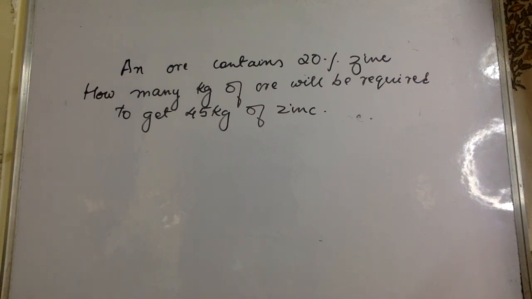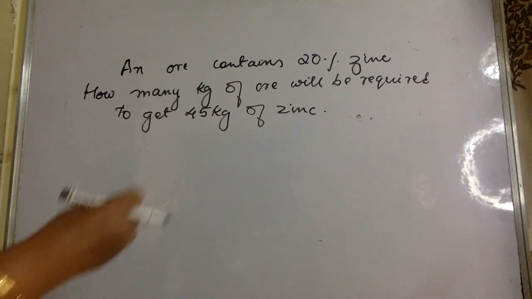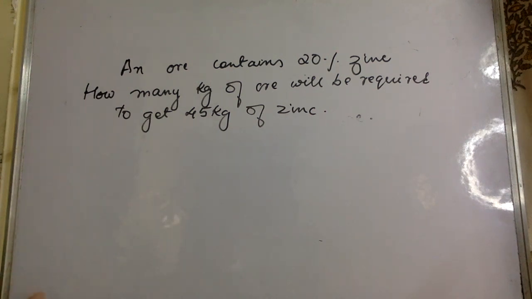So what is an ore? First thing, when you do this sum you don't understand ore, okay. When we dig up a mineral from which either zinc or iron or maybe copper or whatever, some kind of metal can be extracted, that is ore. Everywhere there will be a little zinc in the soil, but there will be a place where the concentration of zinc is much more, and that is where we start mining it.